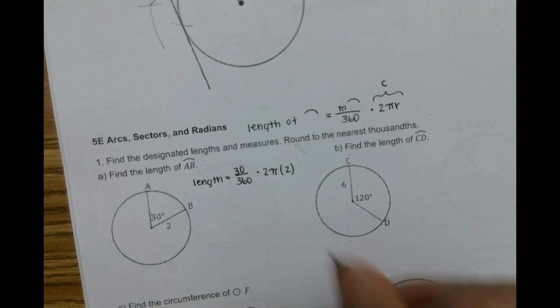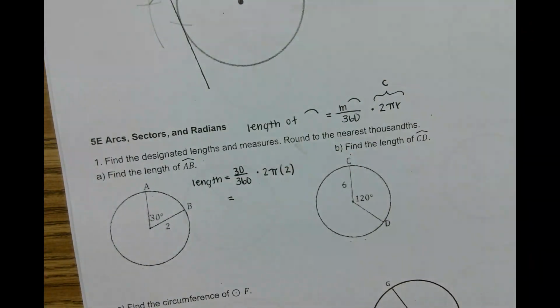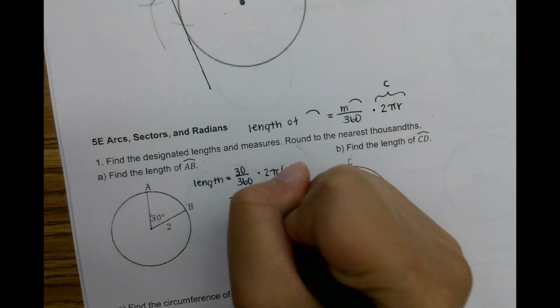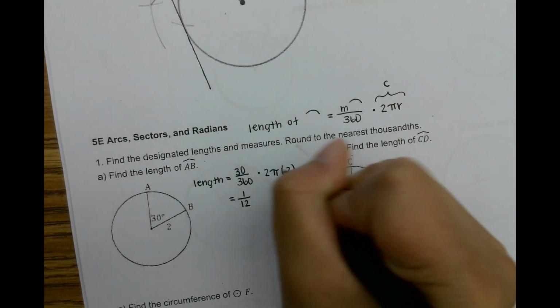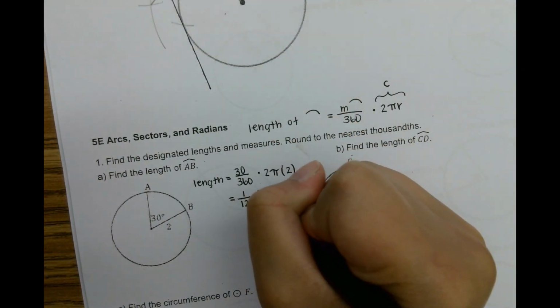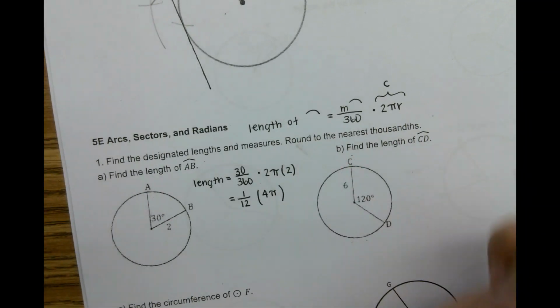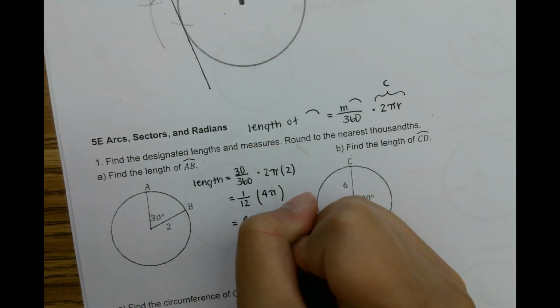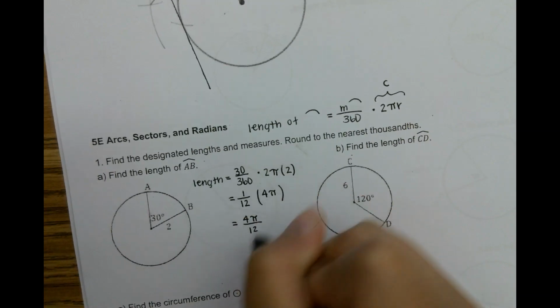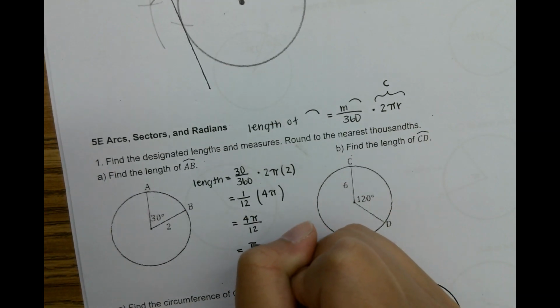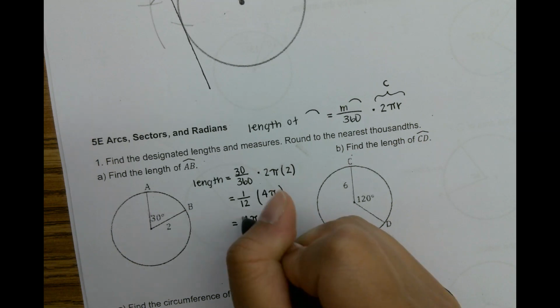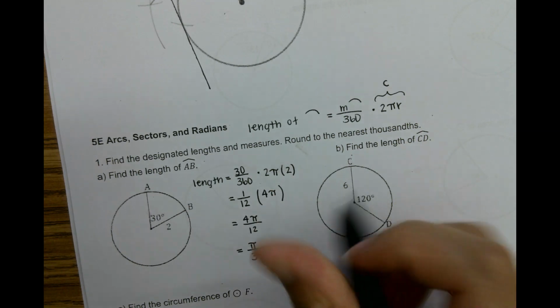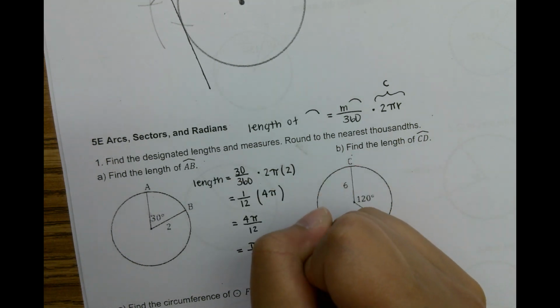So 30 over 360 here is 1 over 12. 2 times 2 is 4, so 4 pi. This is 4 pi over 12. 4 over 12 is 1/3, so pi over 3. And then this is units.